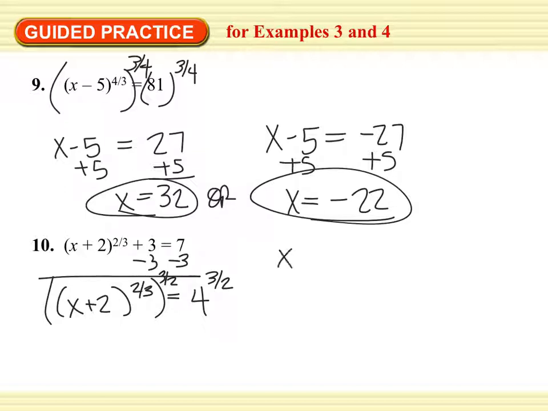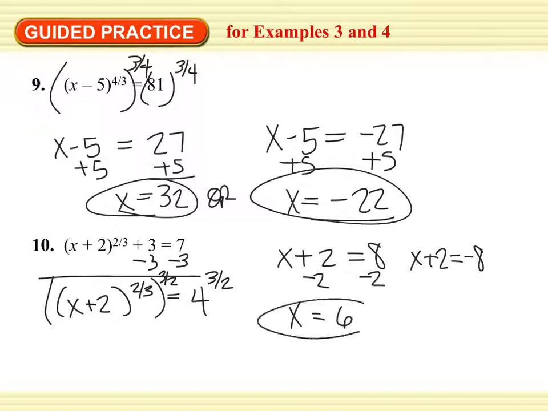So I get x plus 2 equals 4 to the 3/2, which is plus or minus 8. Subtract 2 from both sides. X equals 6. Subtract 2 from both sides. X equals negative 10. This is an OR.